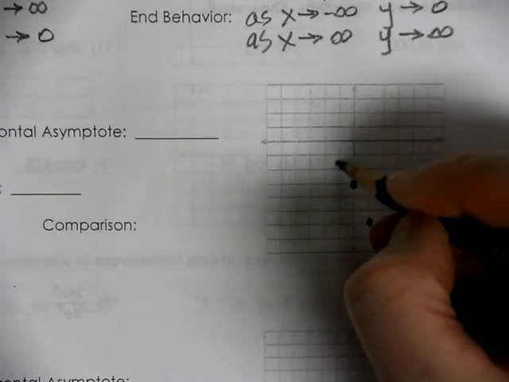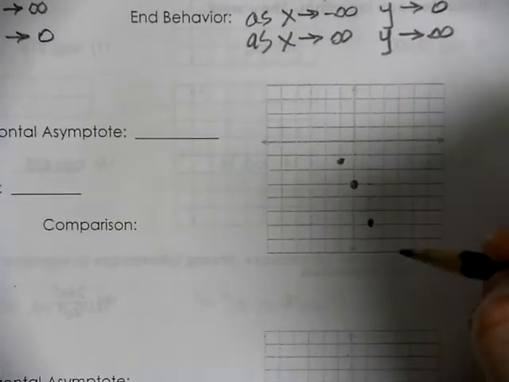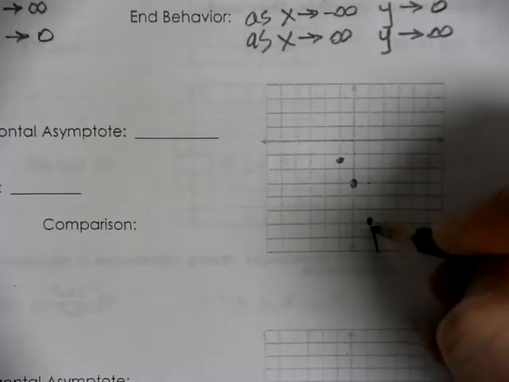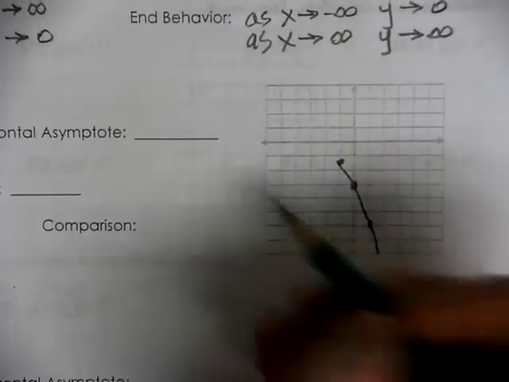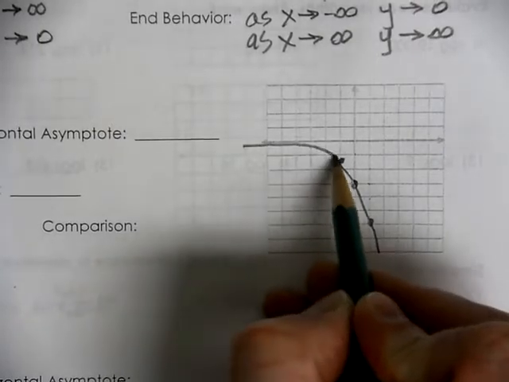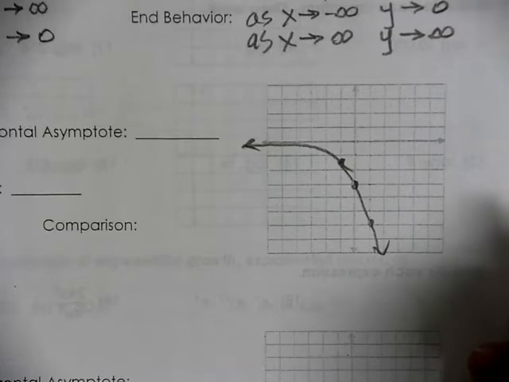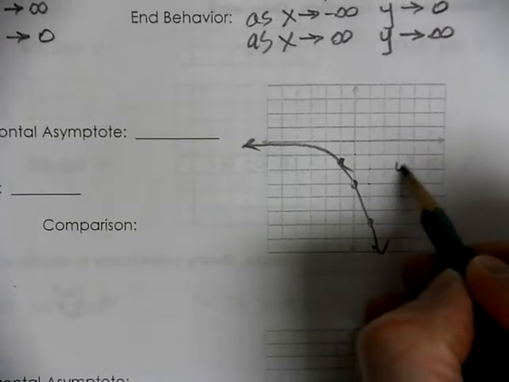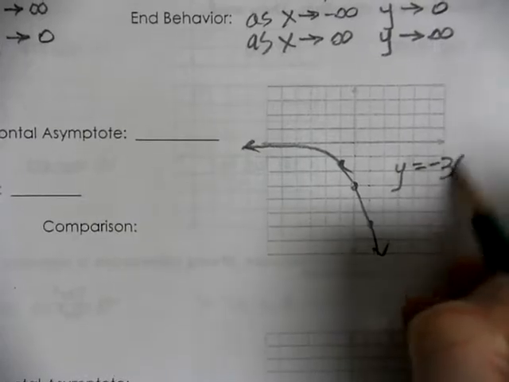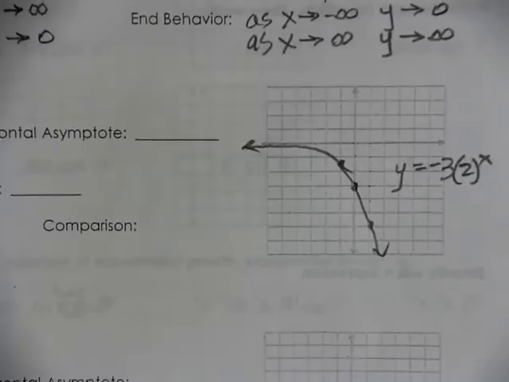At -1, we're at 1.5. So we're coming down and we're slowly approaching the x-axis. So that is the graph y equals -3, 2 to the x.